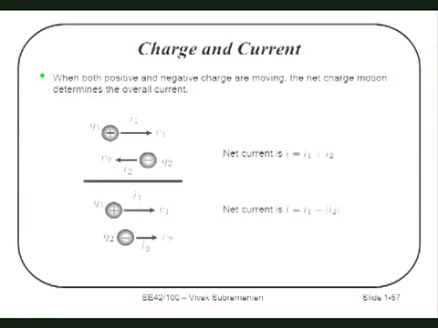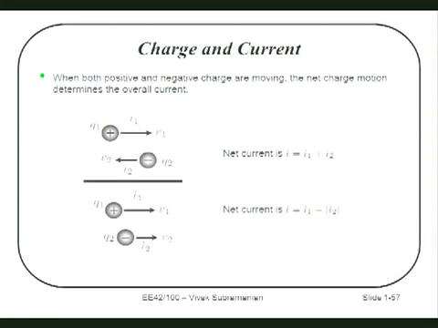Now, if we have the same situation, but the positive and negative charges are both going in the same direction, the math changes. So let's take that same example: 2 electrons going left to right, and 2 positively charged ions going left to right.